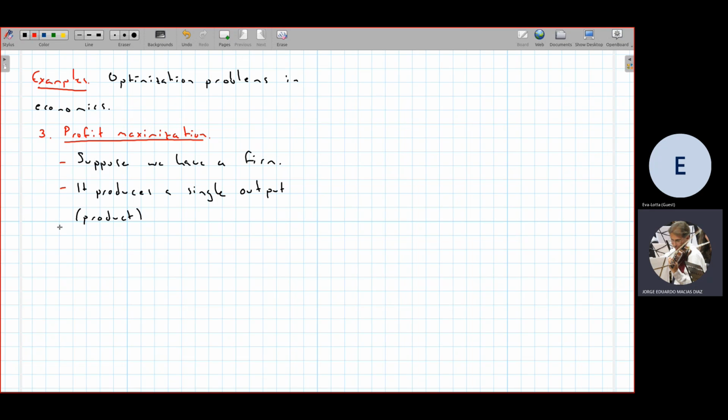But to do that, they need to use various inputs. They require a finite number of inputs, so let's say n inputs.